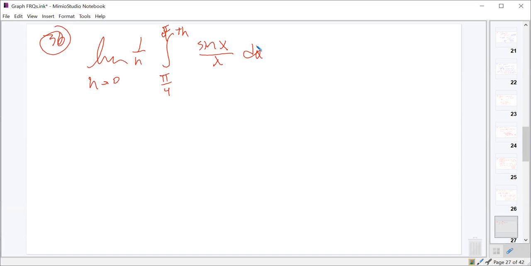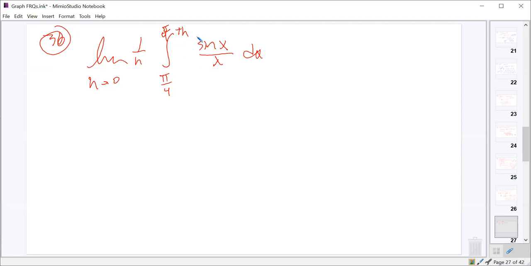All right, so first off, this is the limit as h approaches 0 of the integral times 1 over the difference between these of some function. They've got a lot combined going on here. But effectively, this is the limit as h approaches 0 of the integral of sine x over x.